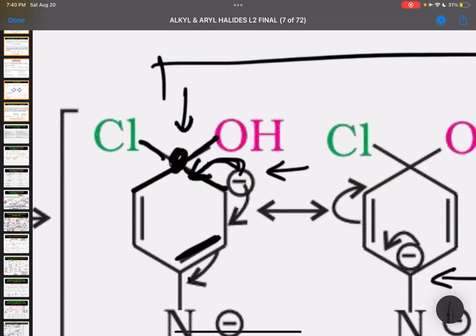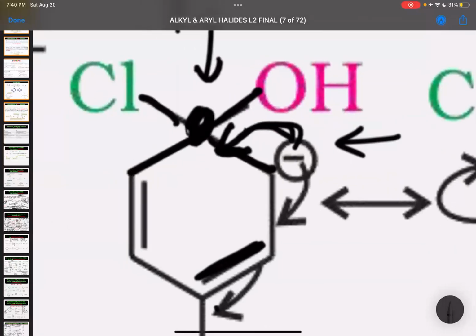These are already 4 bonds. If this minus wants to recreate the benzene again, it needs to push aside any one of the groups. So who will be removed? Is it the OH minus or the Cl minus? Cl minus. Yes, the one which is stable, the one which can come out.